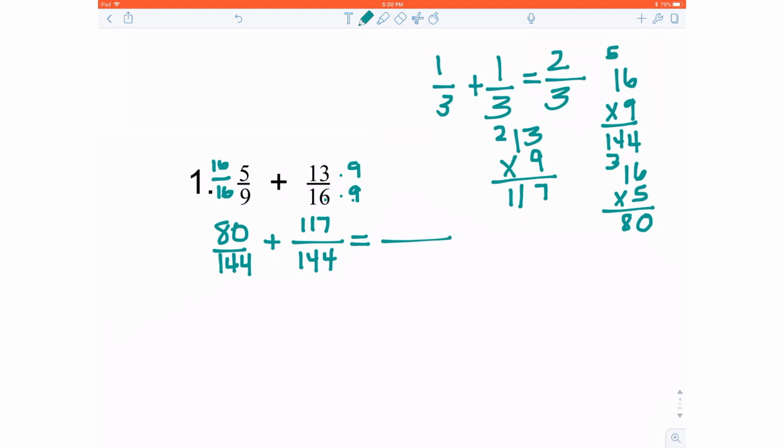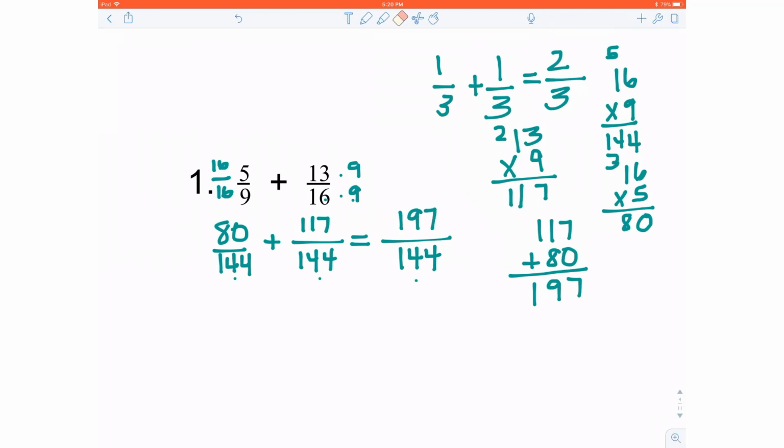Now remember, when we're adding them, the denominator stays the same, right? 144, 144, 144. And what we're doing is we're adding the number on the top, the numerator. So we're going to do 117 plus 80, and that gives me 7 plus 0 is 7, 1 plus 8 is 9, 1 plus 0 is 1. 197 over 144.